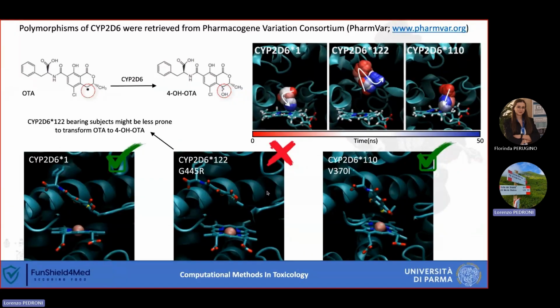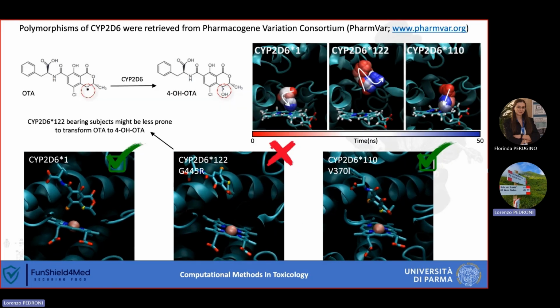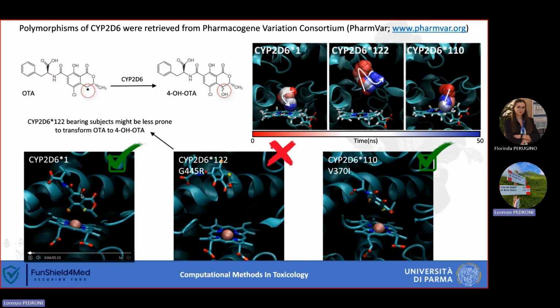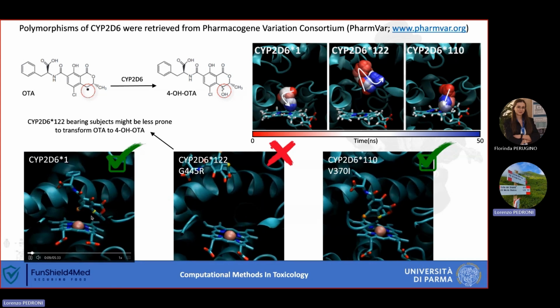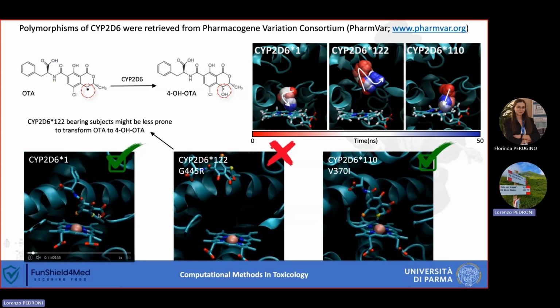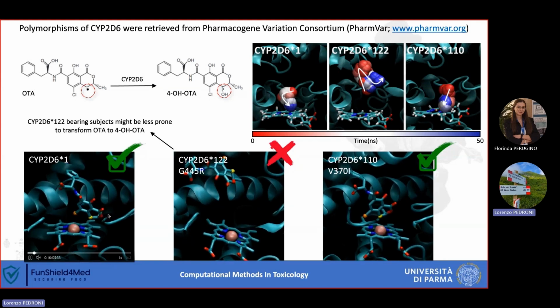So the same procedure we just saw for CYP2D6, which is reported here with 1, so the wild type CYP2D6, can be done with also its variants. And we can see here the results. So as we can see, in CYP2D6 wild type, we have the yellow atom, which is the one undergoing the reaction, kept close to the iron of the heme within this CYP2D6.